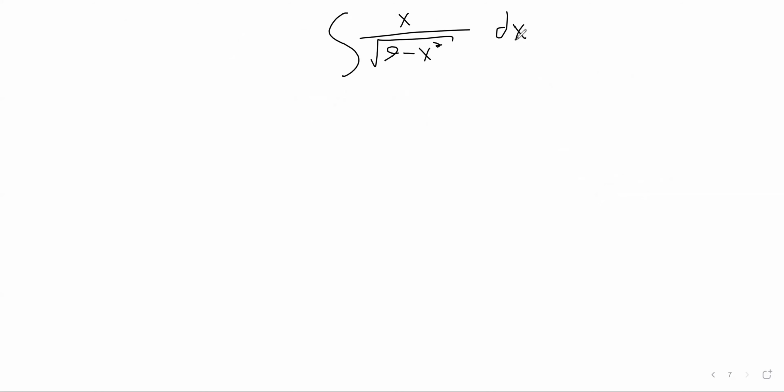You know, here we see the square root, and trigonometric substitution might work in the end, but there's a much more straightforward way to approach this, which is what? We could make 9 minus x squared u. Yep, u substitution.